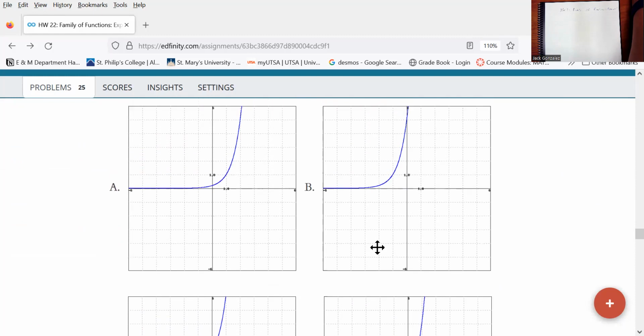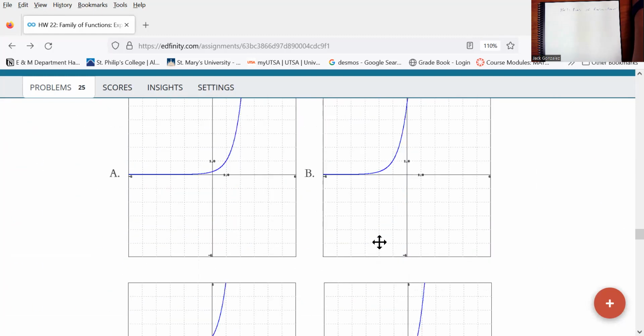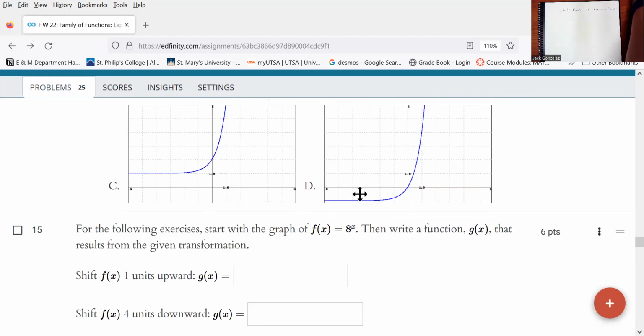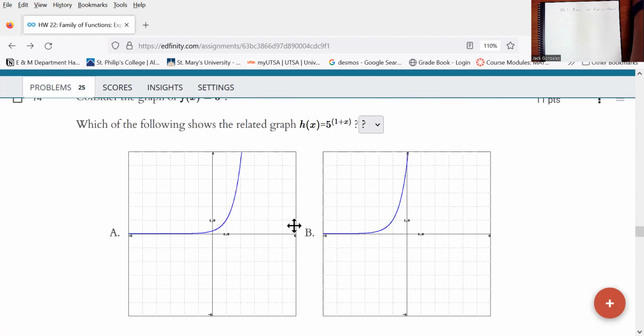Where is it? The original. Yeah, it's one of these. A or B, can't tell from here. Yeah, let's say B. +1, so it should be shifting this way. To the left.